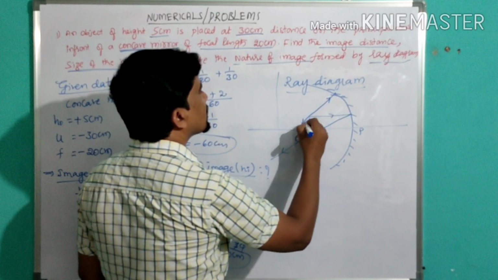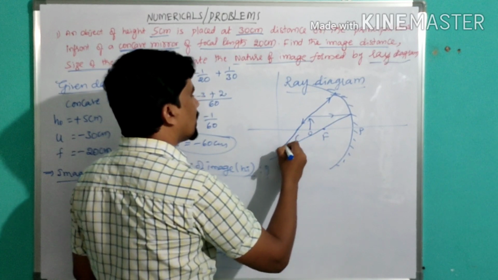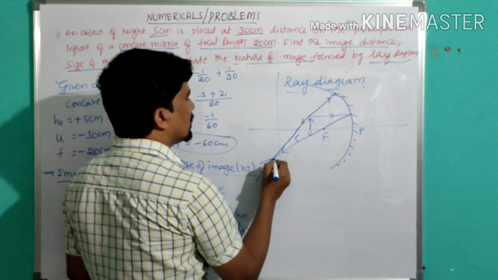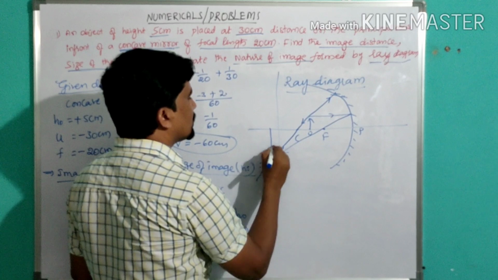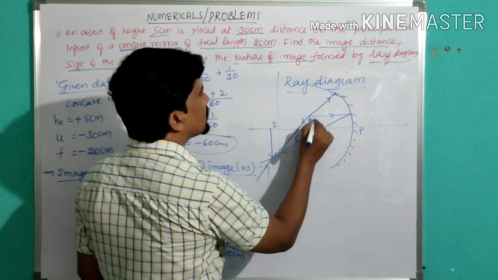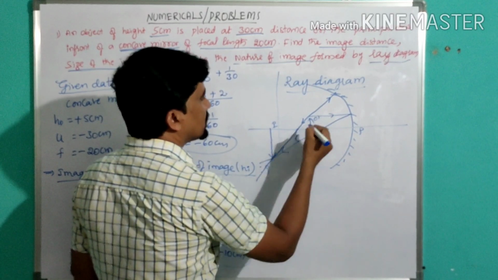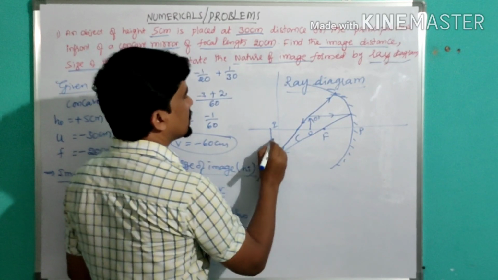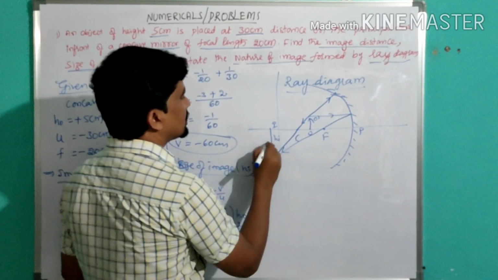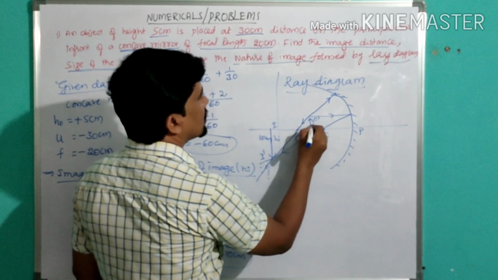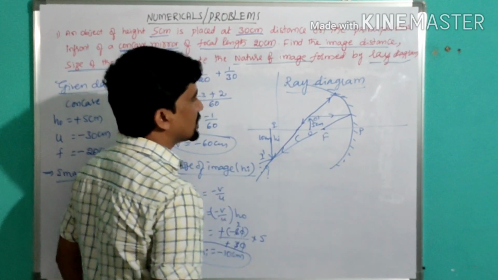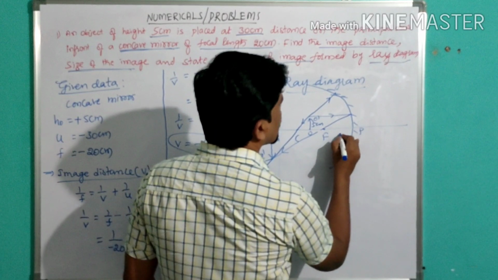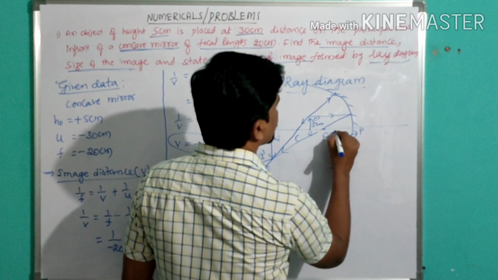The ray which is passing through the center of curvature gets back along the same path. Here these two are intersecting, which gives the image. This O dash refers to HO, I dash is HI. This is 10 centimeters. This is 5 centimeters. Focal length is 20 centimeters.